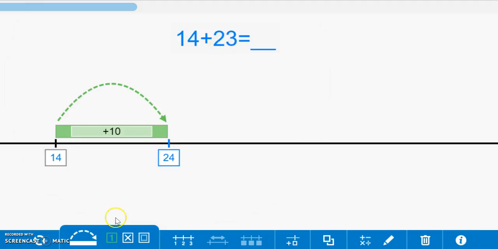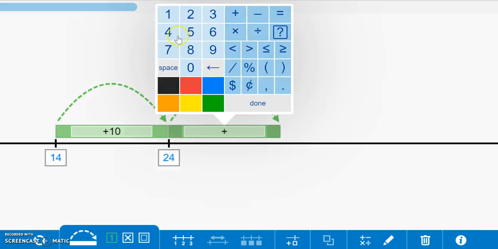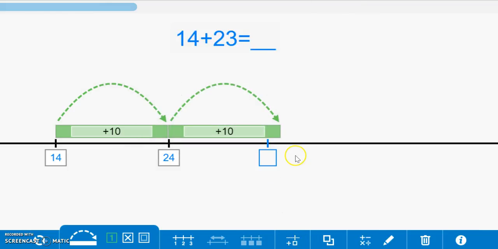I'm going to make another hop of 10. If I was at 24 and I add 10 more, now I have landed at the number 34.